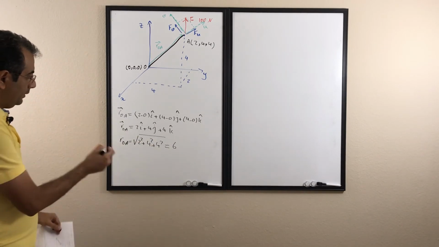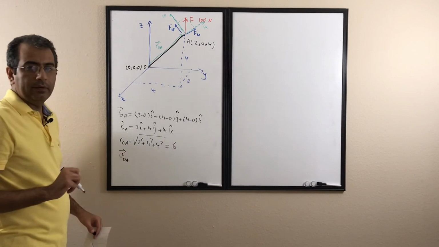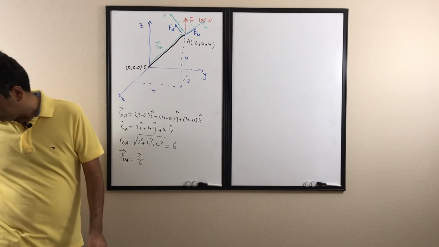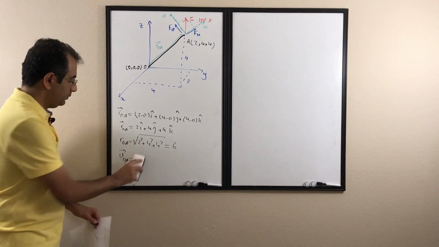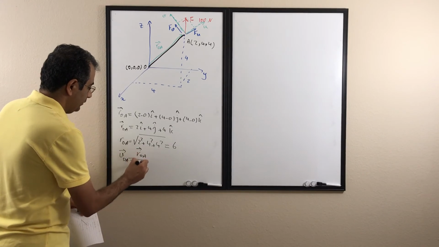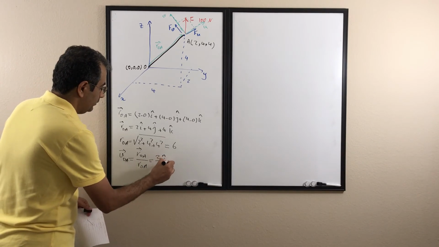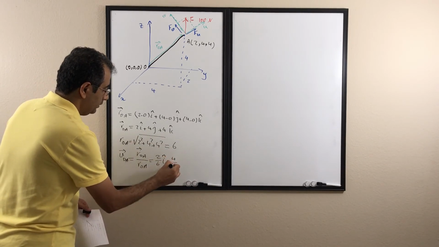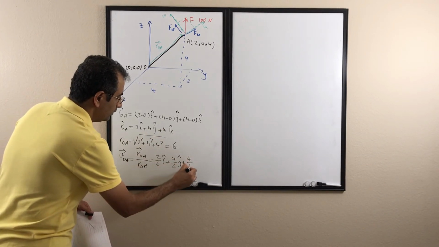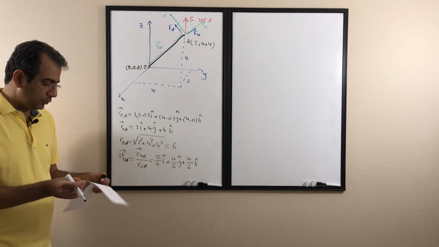From there we can calculate the unit vector on OA, which is r_OA divided by its magnitude, which is 2/6 I plus 4/6 J plus 4/6 K. So that's the unit vector along OA.